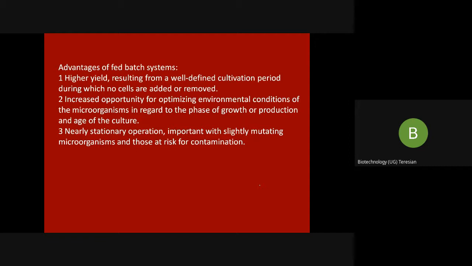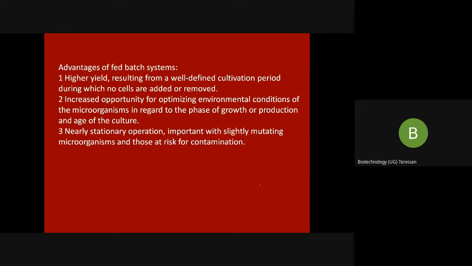It increases the opportunity for optimizing the environmental conditions of the microorganism with regard to the phase of growth, production, and age of the culture. Because you are adding the nutrients, you can optimize the environmental conditions of your microorganisms. As we said, we reduce the lag phase of the organism, and in this phase we can control the age of the culture.